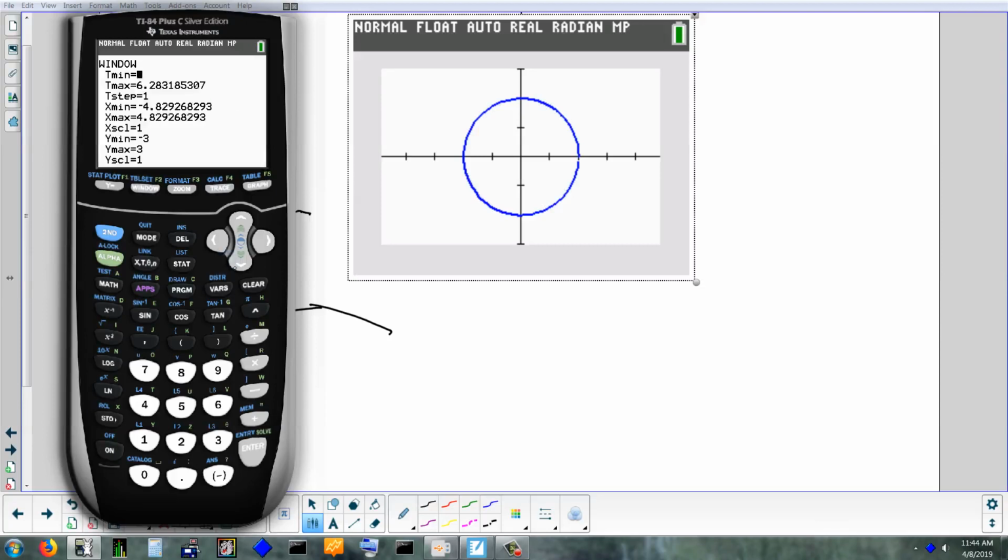Now let's put in 0.5. Now you should get a better picture. Not that good, but better. It's going to graph 0, 0.5, 1, 1.5, 2, 2.5, 3, 3.5, 4, 4.5, 5, 5.5, 6, and that's it. So I think that's 13 points. With 13 points, you get a little smoother of a picture, but also notice this gap.